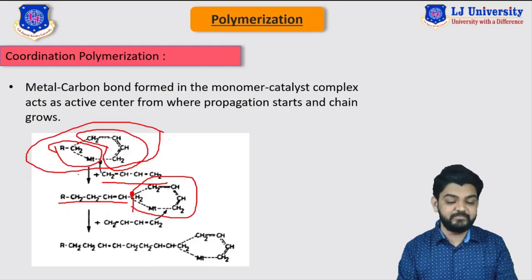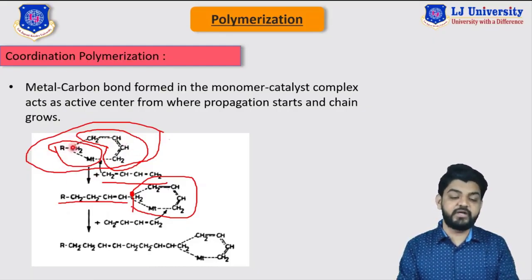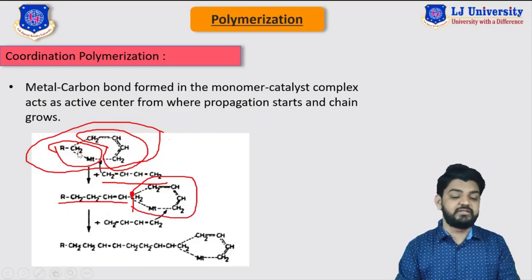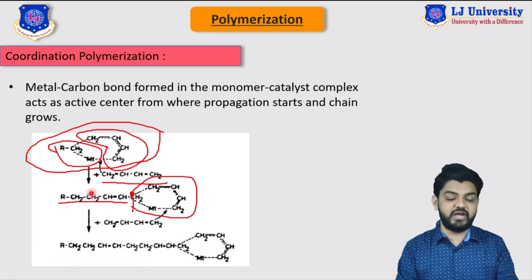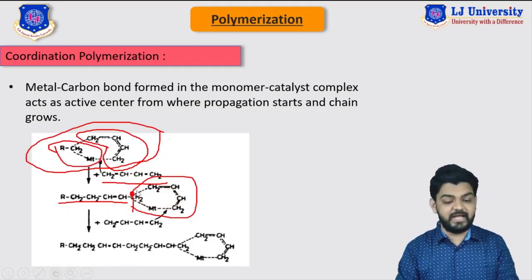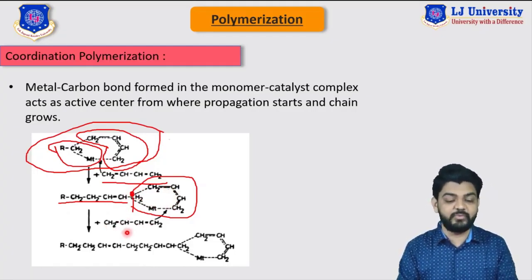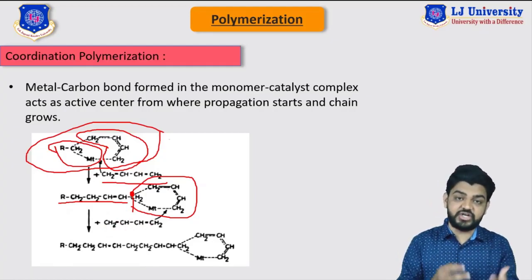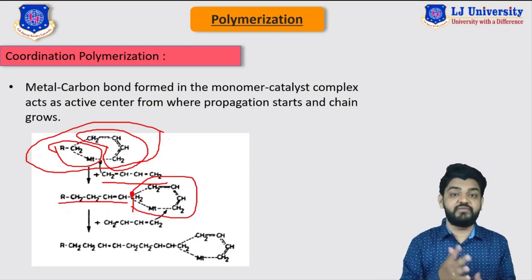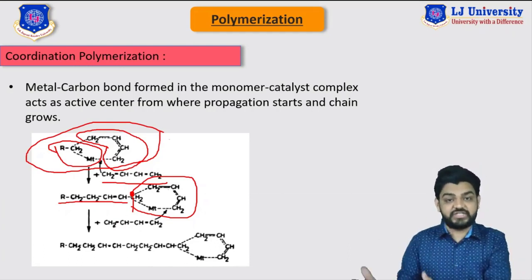You can see here that this particular ring structure was on the intermediate carbon. But now, because of the propagation step, this ring structure is shifted from here to the last carbon atom, to here. If further addition of new monomer takes place, this new monomer attacks this ring structure, it will add together, and again this ring structure will shift to the last carbon.